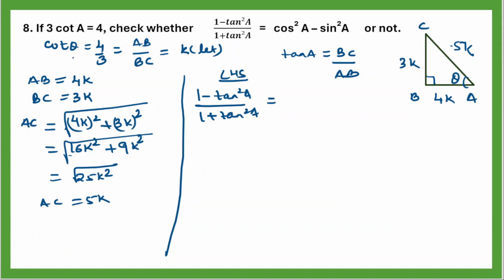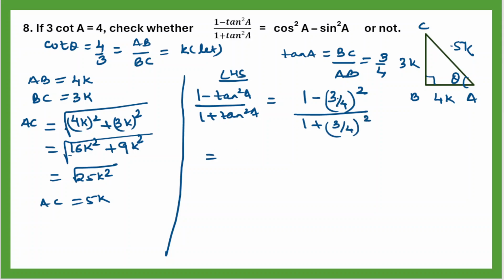Or you can write from here also, cot A is equals to 4 by 3. So what is your tan A? Tan A is reciprocal of cot A, so it is 3 by 4. So 1 minus 3 by 4 whole square divided by 1 plus 3 by 4 whole square.